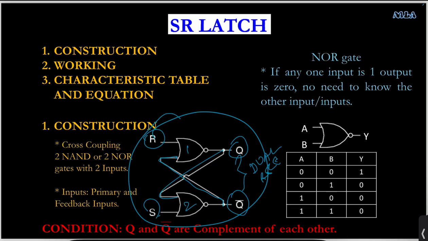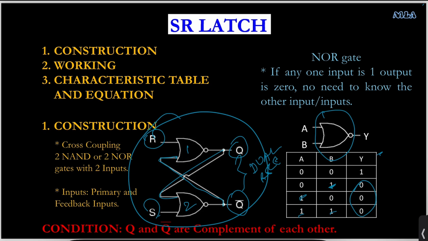Before we proceed to the working mechanism of the SR latch, let us take a quick look at the two-input NOR gate. It is described by the truth table. So here is the truth table. From this truth table, you can see that whenever any one of the inputs is 1, either A or B or both, the output is 0. So if any input is 1, you need not worry about the other input.